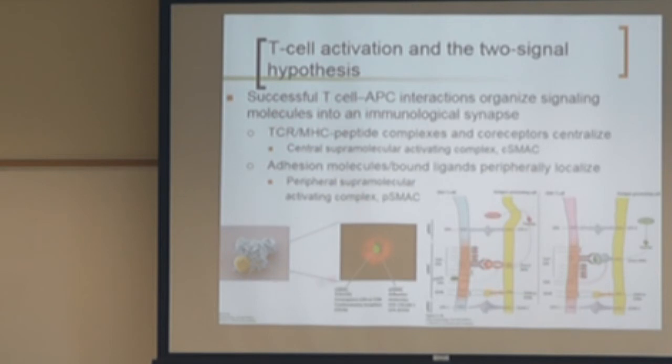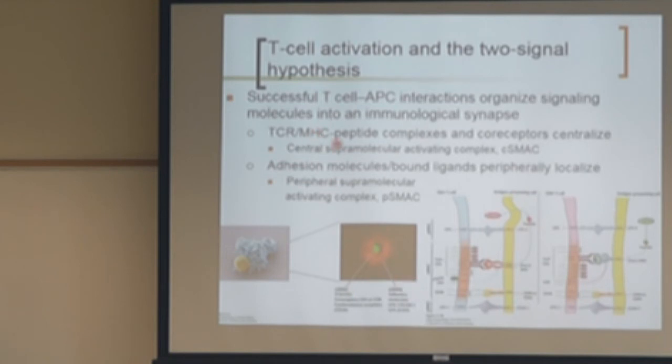So again, what we have here is when T cells see an antigen, they will localize more and more T cell receptors to the lipid rafts, and they will form what's called the C-SMAC, and you get a P-SMAC.